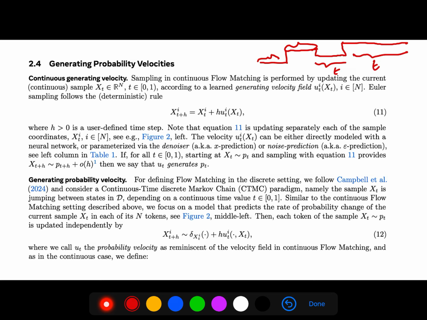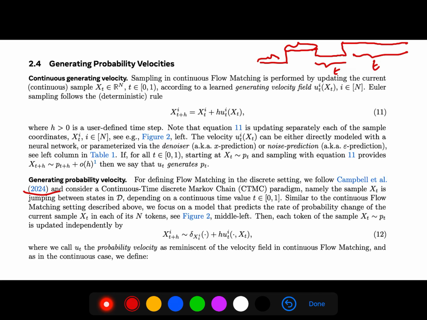For defining flow matching in the discrete setting, we follow this paper, again by Campbell. So x sub t is just the jumping between states in your dictionary, and in your data, depending on the continuous time value. Similar to continuous flow matching, we focus on a model that predicts the rate of probability change of the current sample. Each token of the sample is updated independently.